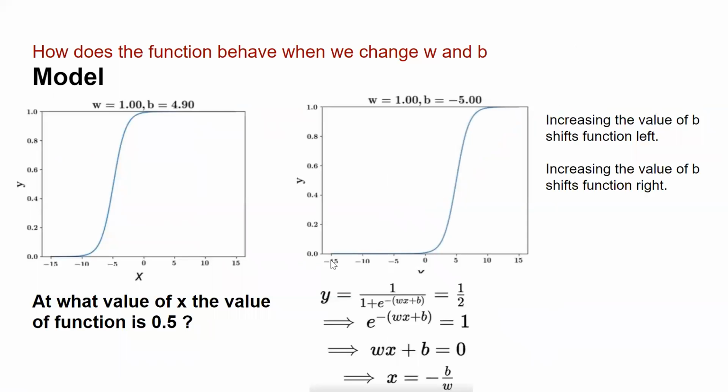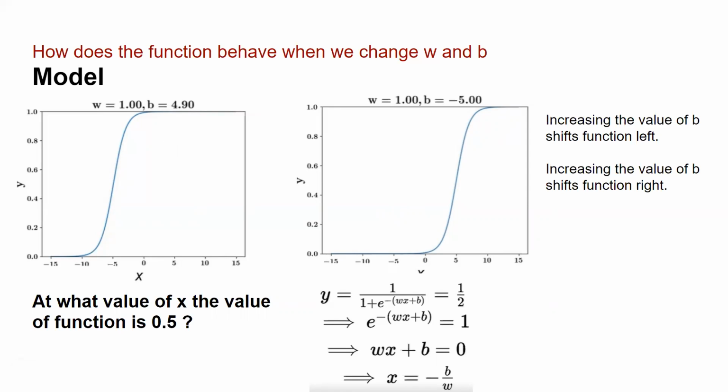Increasing the value of B shifts the function to the left. Here I was having this plot at B equal to minus 0.5. Now I have increased the value of B, which has shifted my function from 0 to somewhat around minus 5. Do you agree with this?